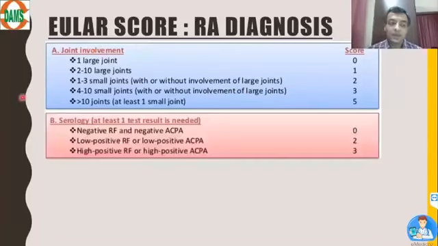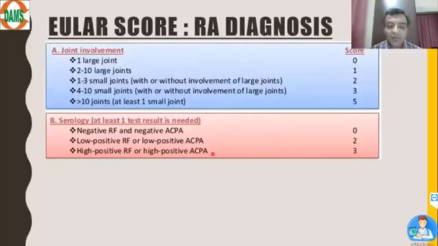Number two, serology. At least one test is required. If you see negative RA factor and negative ACPA, the score is 0. If you have low positive RA factor or low positive ACPA, you will give 2 points.